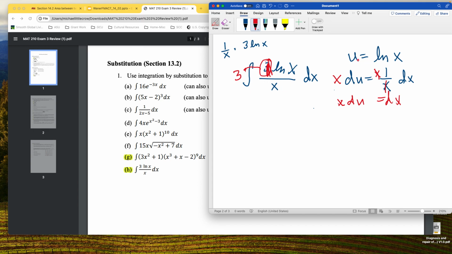So now let's make our substitutions. Natural log of x becomes u, and we've got our 3 that I moved outside. So u over x, and dx is up here in the numerator, so we replace it with x du.